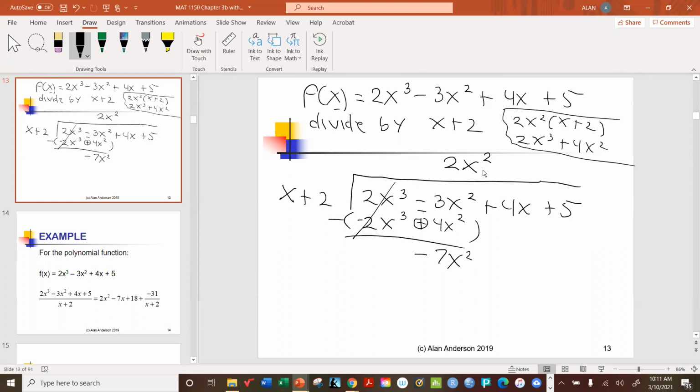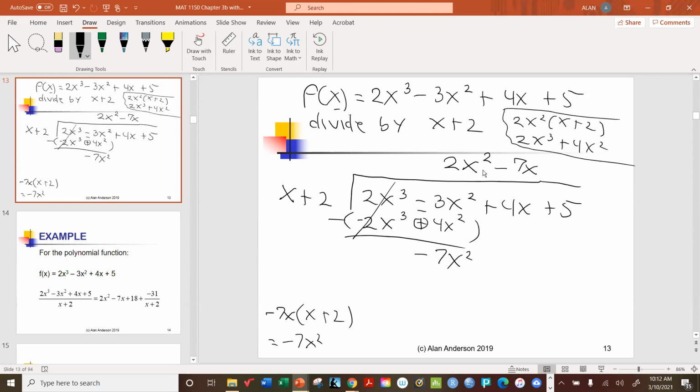Now I'd like to get rid of that negative 7x squared. So I need some value which, when multiplied by this expression, gives me negative 7x squared. So let's try negative 7x. Why did I pick negative 7x? Because if you multiply minus 7x times x plus 2, you'll have minus 7x squared.